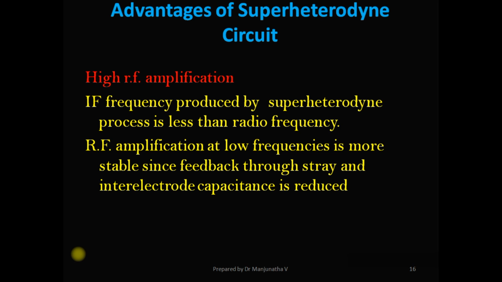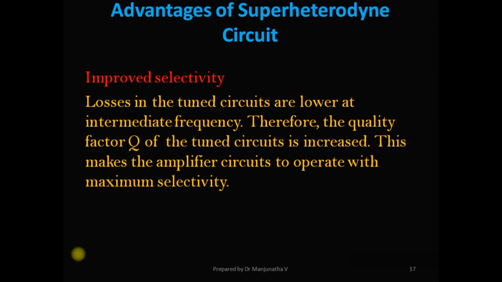Hence, the RF amplification at low frequencies is more stable since the feedback, stray and inter-electrode capacitance is reduced. The losses in the tuned circuit are lower at the intermediate frequency. Therefore, the quality factor Q of the tuned circuit is increased. This makes the amplifier circuit operate with the maximum selectivity.